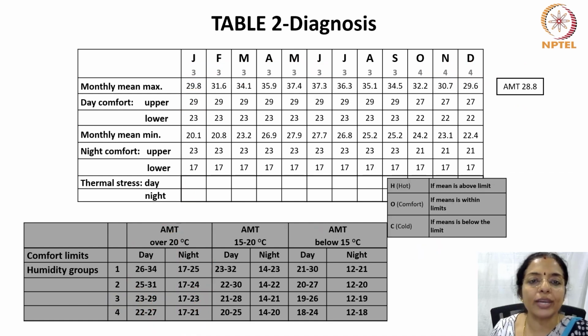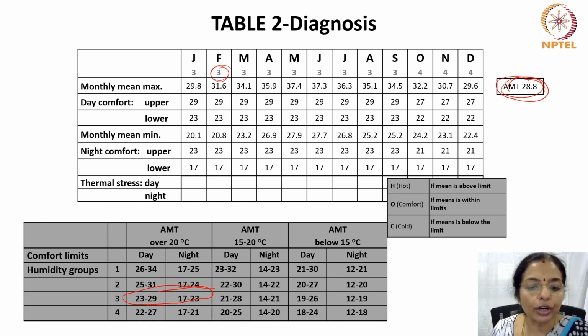So you can see for February what happens. February, it is again a combination of 28.8 and 3. And therefore, this would be the AMT which you have to fill in, day comfort and night comfort. But when it comes to October, November, December, the AMT is 28.8 and humidity group is 4. So this is what I'll change the color so that you will be able to understand.